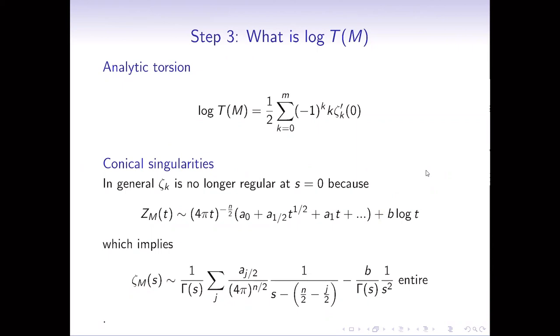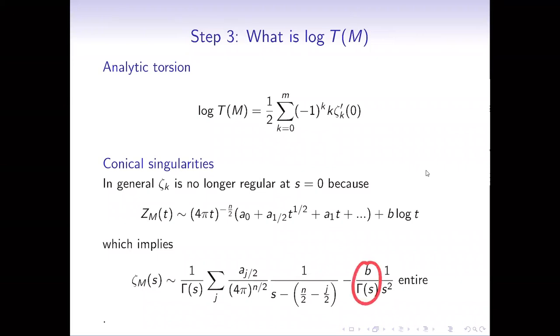And if you do the same Mellin transform process, you'll find that, so there should be brackets here, by the way. You get gamma s, which has a simple singularity.